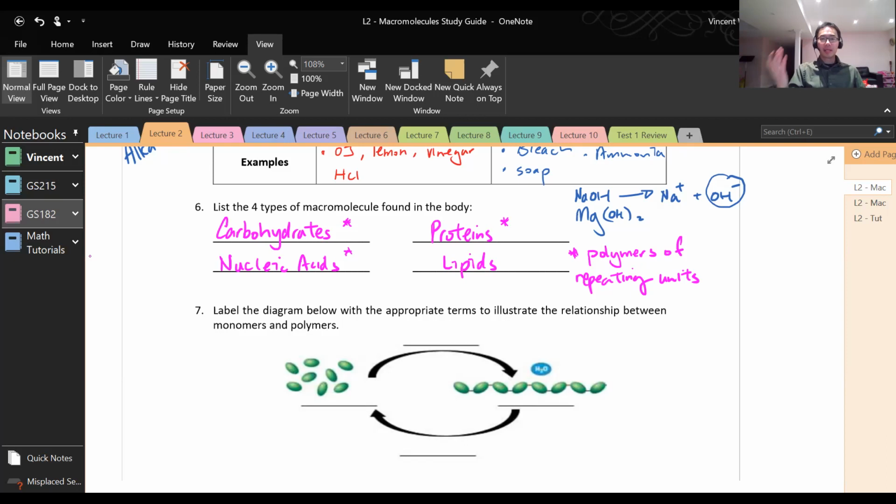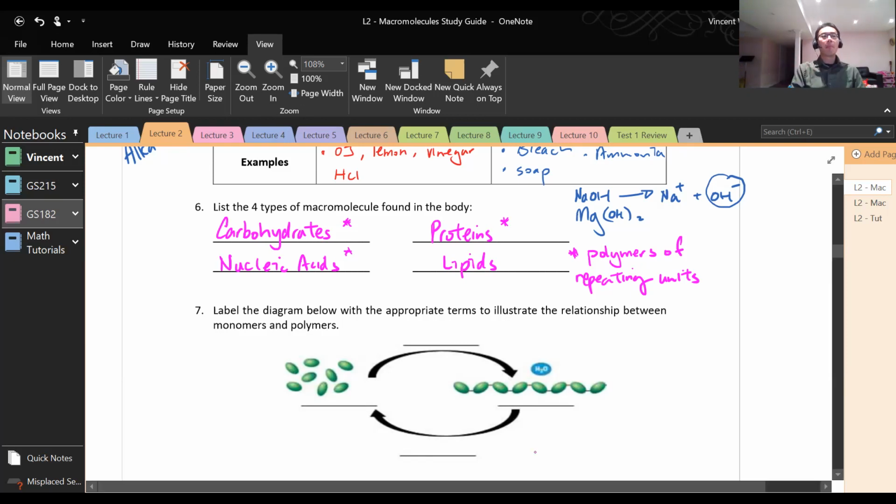Okay, so polymer basically just means a bunch of repeating units connected together. That is the definition of a polymer. These individual units that we are connecting together are called monomers. Yeah, so DNA is a polymer, and it's an example of nucleic acid. Okay, very good.